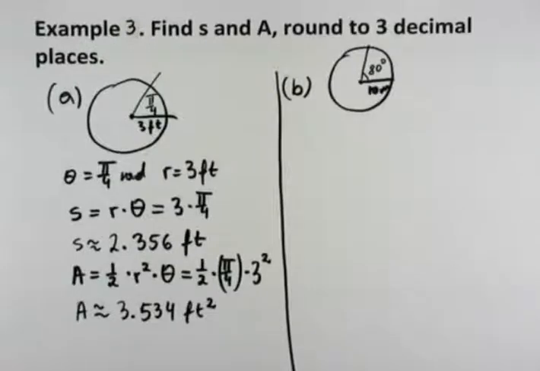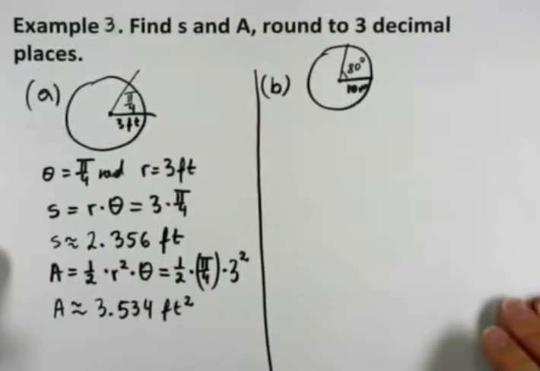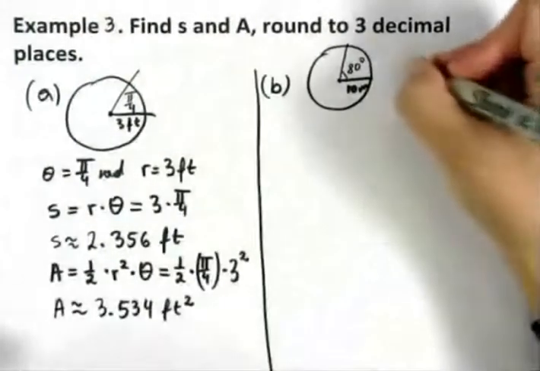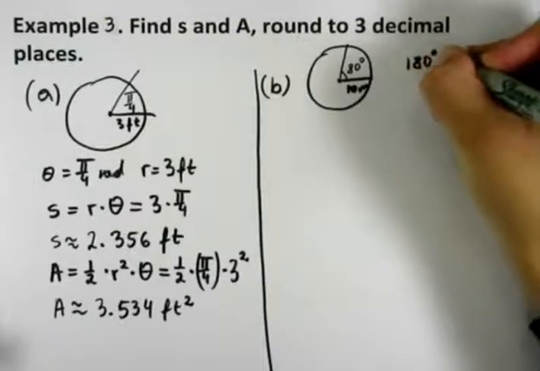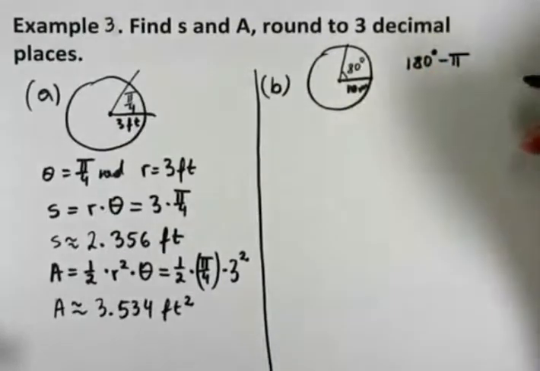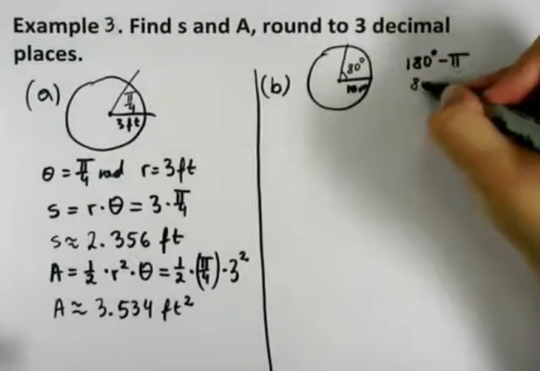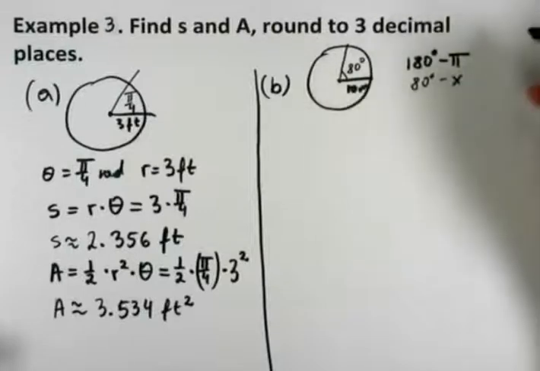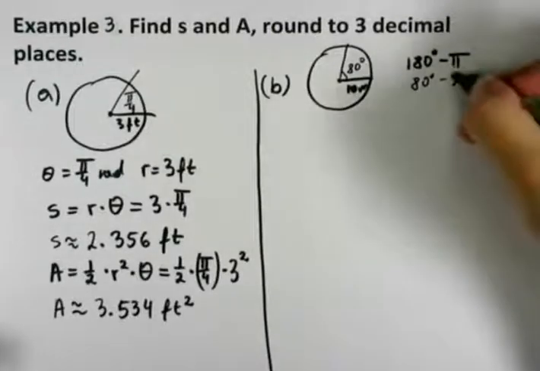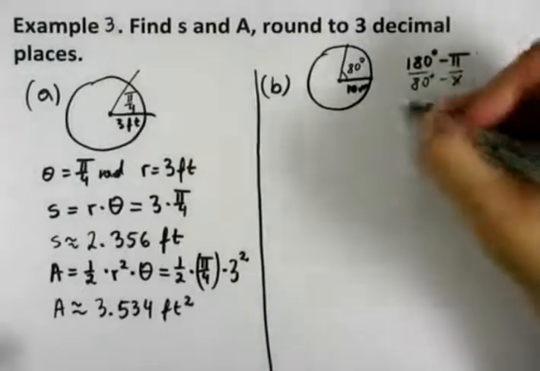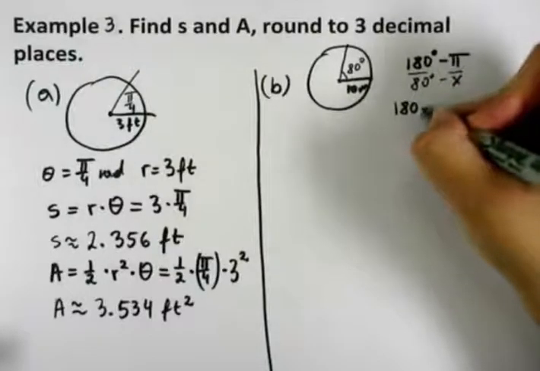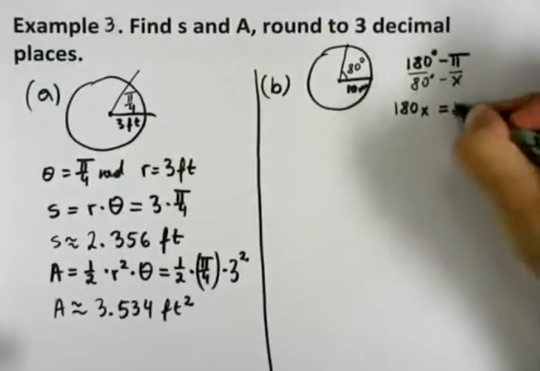Okay, so in order to use the arc length formula, my theta must be in radians. So first thing we need to convert 80 degrees to radians. I know that 180 degrees is pi. And now 80 degrees, I don't know how many radians it is, so put x. Cross multiply. 180x is equal to 80 pi.